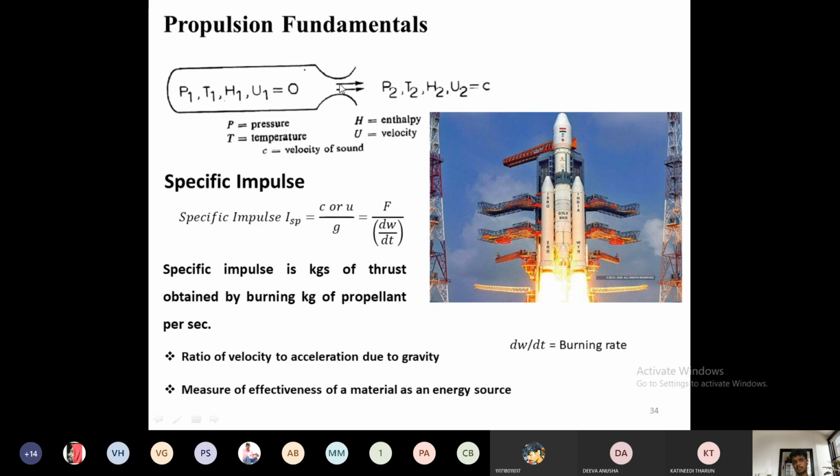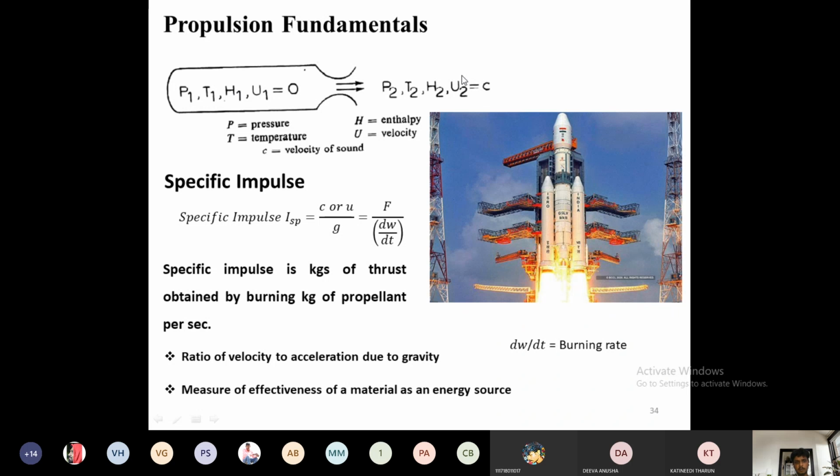The fluid velocity will increase to nearly the speed of light, which is small c. Every variable here, the p1, t1, h1, u1, is present at rest. Whatever is there, every variable will get changed at position 2. Okay, this is regarding the positions and variables of a rocket from the initial stage to the final stage.